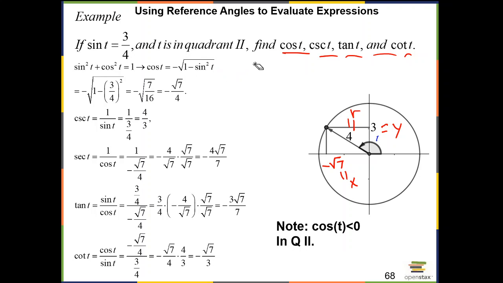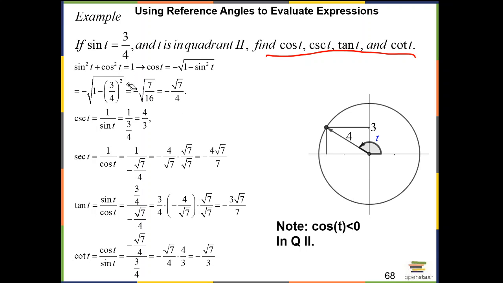You can find sine and cosine, and once you have sine and cosine, you have everything, right? Or we can think of it this way and find x, y, and r. Once you have x, y, and r, you have all 6, because they're all related to x, y, r, right? All right, so you see you have many options, many different ways to do these problems.